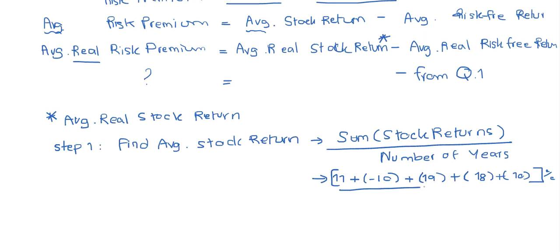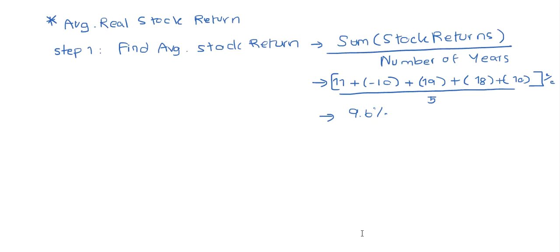And I divide this by 5, and I got this equal to 9.6%. So this is the average stock return. So second step you need to do here is, okay, how can you make this from average stock return and add the word real?